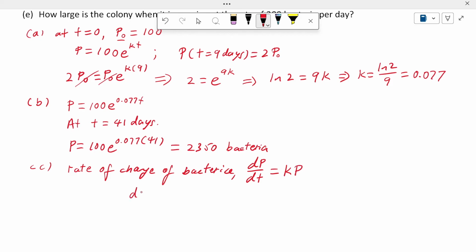K we already know from question 1, it's 0.077. So what is the rate of change of bacteria at that size? The size that we have is 2,350. So we multiply by 2,350, and that will give us 181 bacteria per day. I mean every 1 day we get this amount of bacteria.